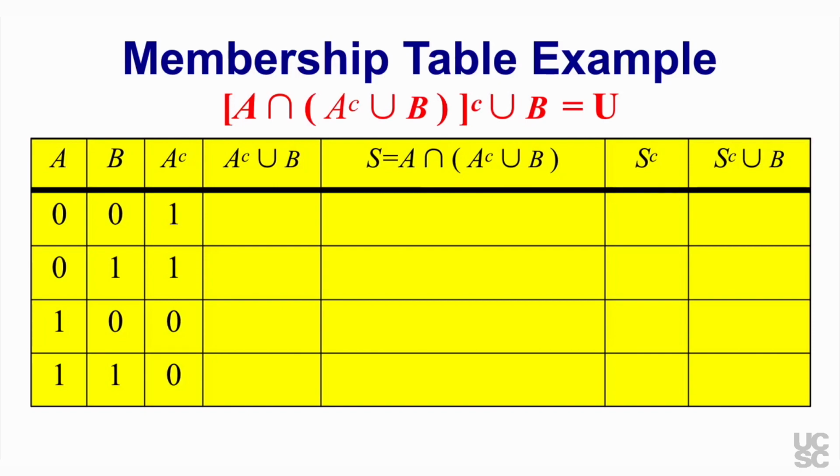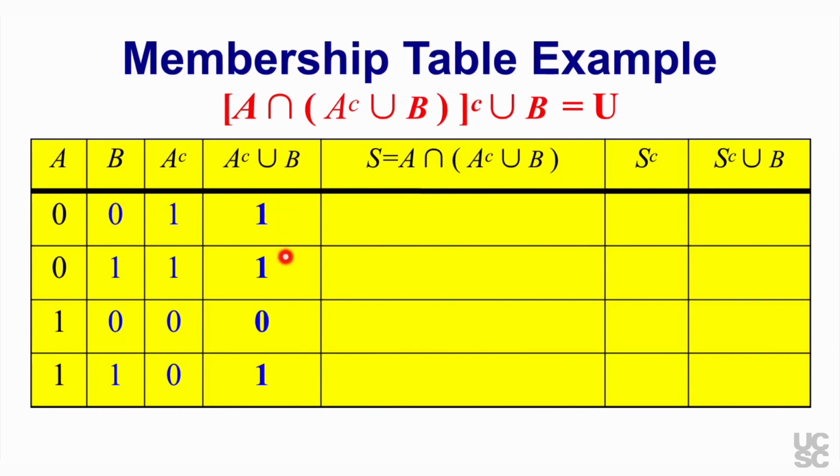So what we have here is, you see, we are listing all the possible input combinations of membership for A and B, and then I list here the complement of A. Now, to look at the union of the complement of A with B, we then look at the union of these two sets. And of course, notice that we will have 1 for membership whenever we have an element being in B or in the complement of A. And that's the result you see here.